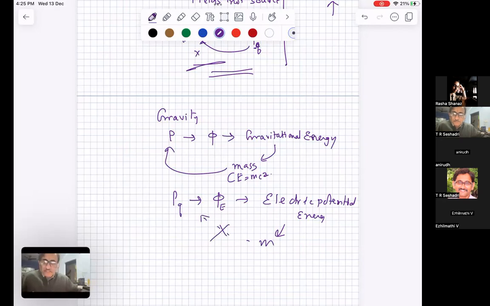And so it does not act on itself. See, mass may produce gravity, but it can't produce electric field. Yeah, please ask me because it's a very tricky thing.